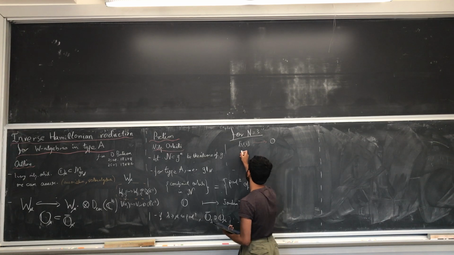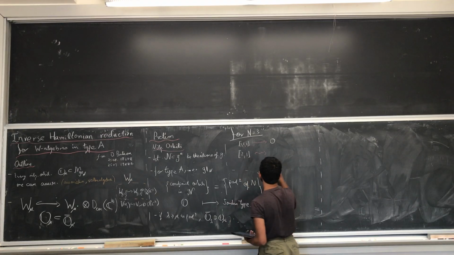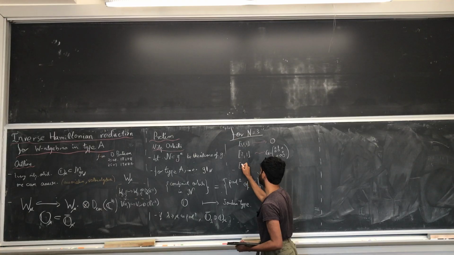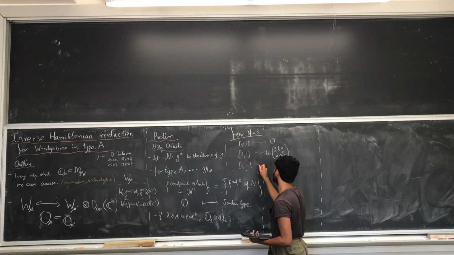You have 2, 1, which corresponds to the orbit of some element that looks like this, and then you have 3, which corresponds to the entire nilpotent cone, which is the G orbit of this element.